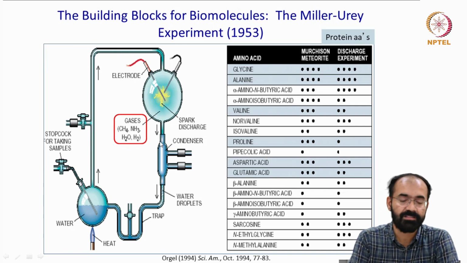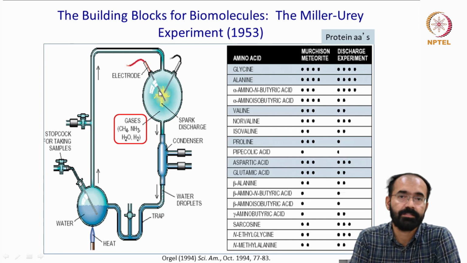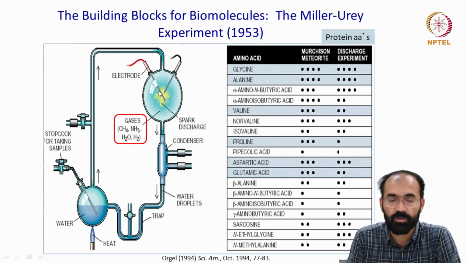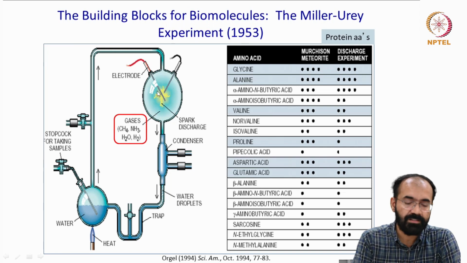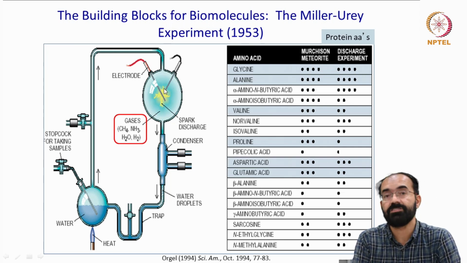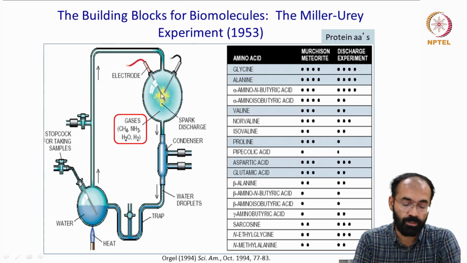There is a reason why these molecules are selected, because the prebiotic world is supposed to contain these molecules abundantly, unlike modern times with oxygen etc. So after the discharge goes on, you end up getting products formed because of the very high temperature and very high electric pulses, and they are collected at the bottom.